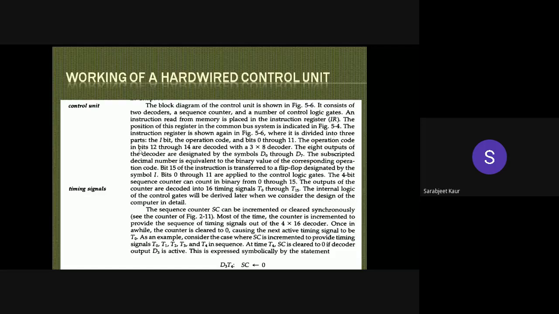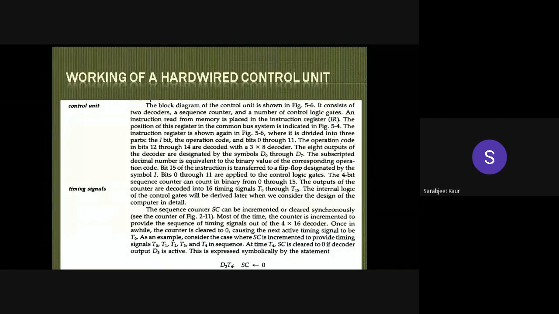So that is why there is a provision for clearing the sequence counter. The sequence counter is denoted by SC. Now, how do we write this down? We simply say that the sequence counter is getting the value 0. This means that we are clearing the sequence counter.